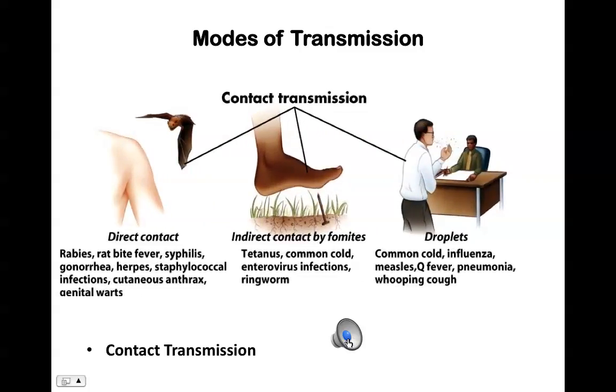Modes of transmission. Modes of transmission include contact transmission, which can be direct, indirect, or by droplets. Direct contact can be horizontal, person to person, or vertical, from mother to child during pregnancy. Direct contact means somehow our skin or mucous membranes have come in contact with another person.